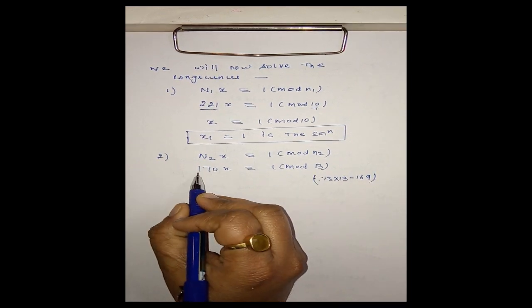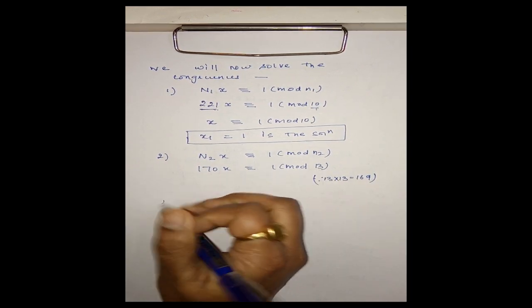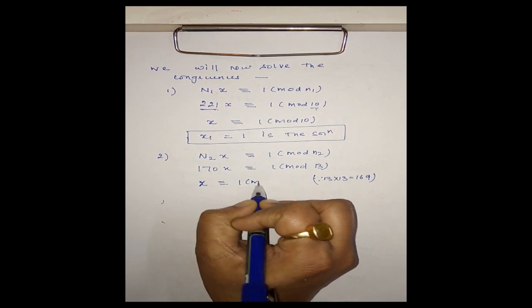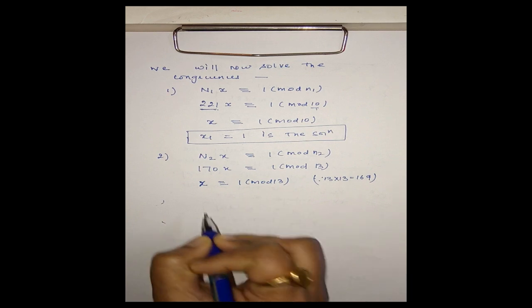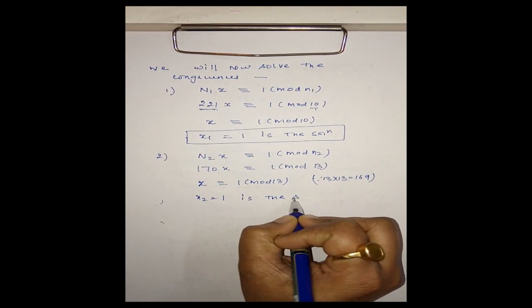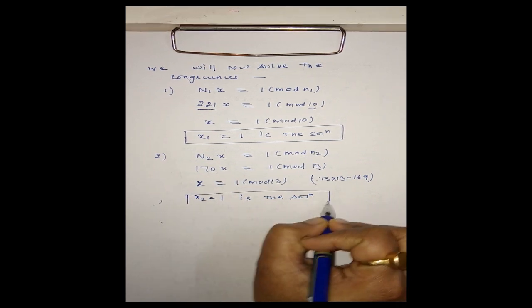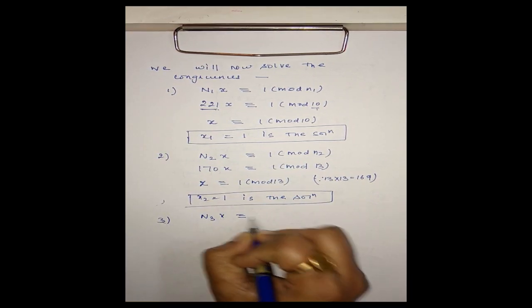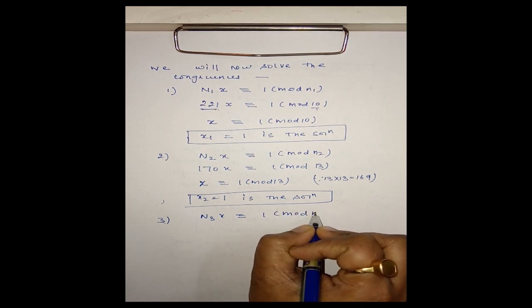Therefore, this is x is congruent to 1 modulo 13, and same here also, x2 is equal to 1 is the solution. Okay, clear?